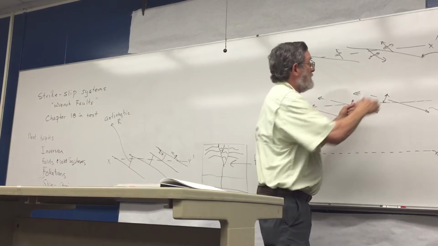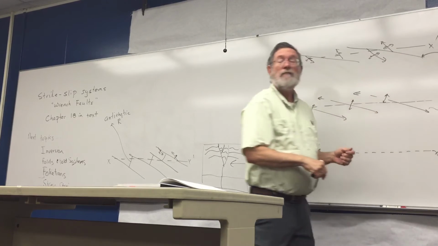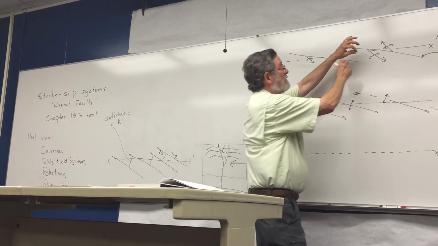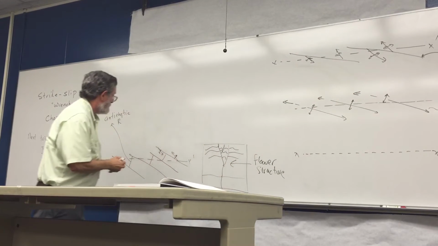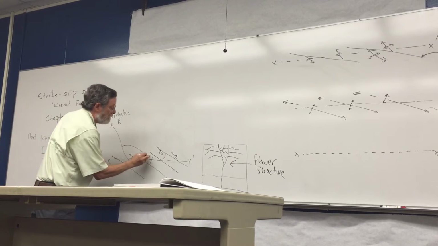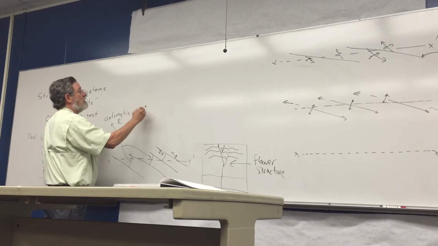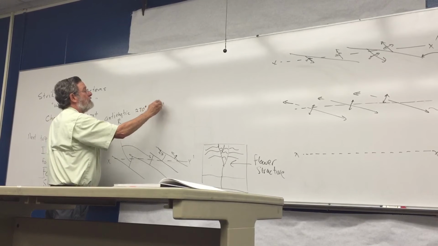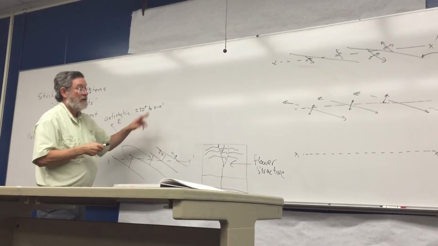So we see initial folding. That means we apparently have a little compression this way. Then we begin to see these developing. These antithetic faults here are going to be at approximately 70 degrees to XX prime as they begin to form.